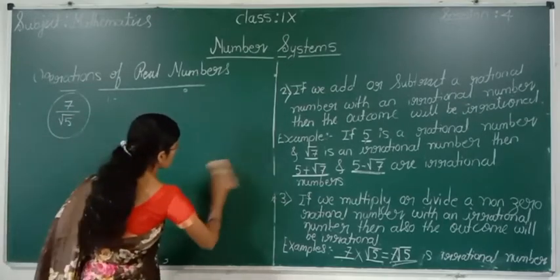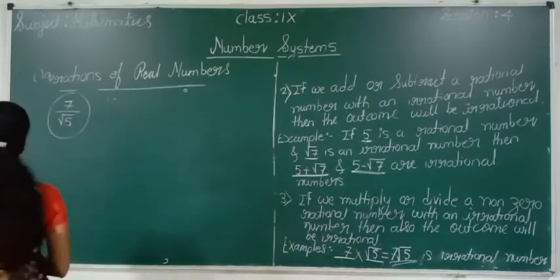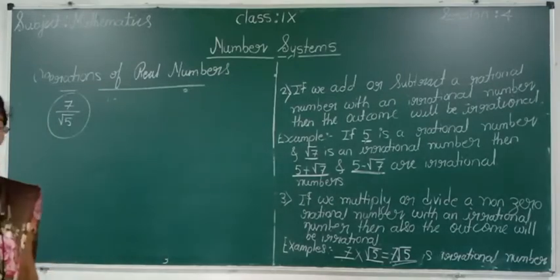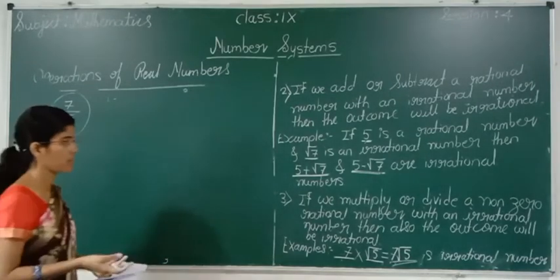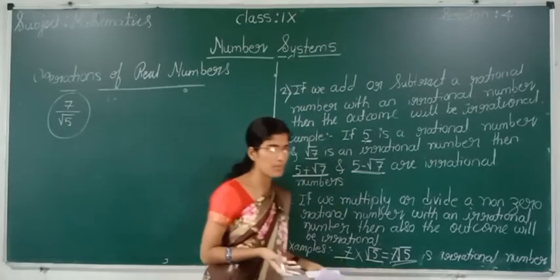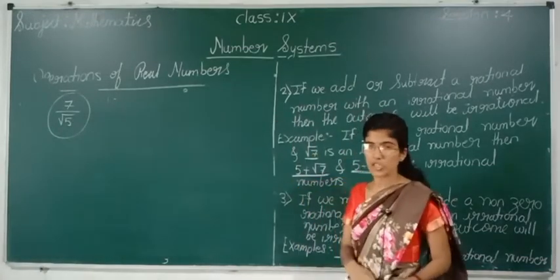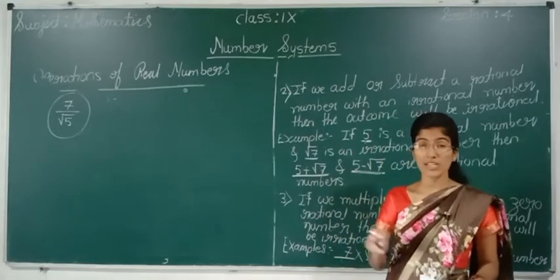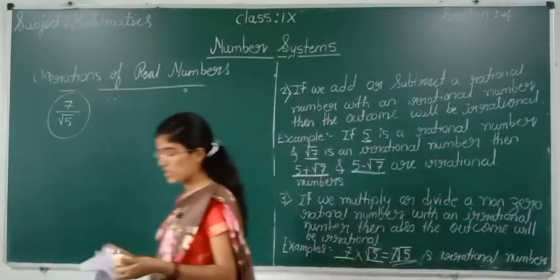Now one more point is there, we will see what will happen if two numbers are irrational numbers. If two numbers are irrational numbers and we perform the operation, then the answer will be a rational number or an irrational number.